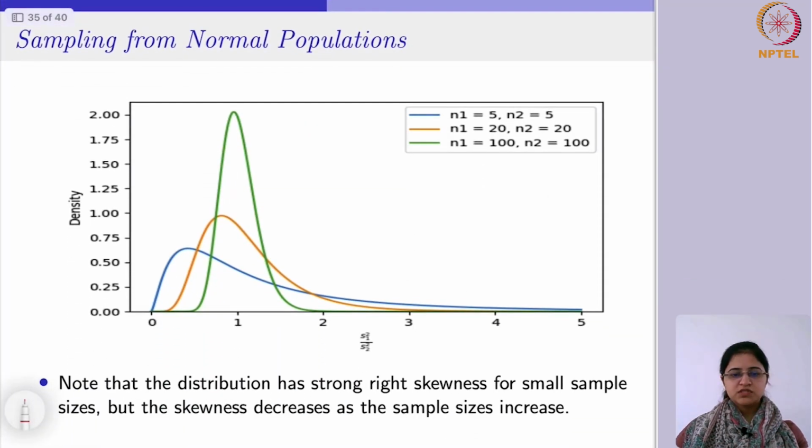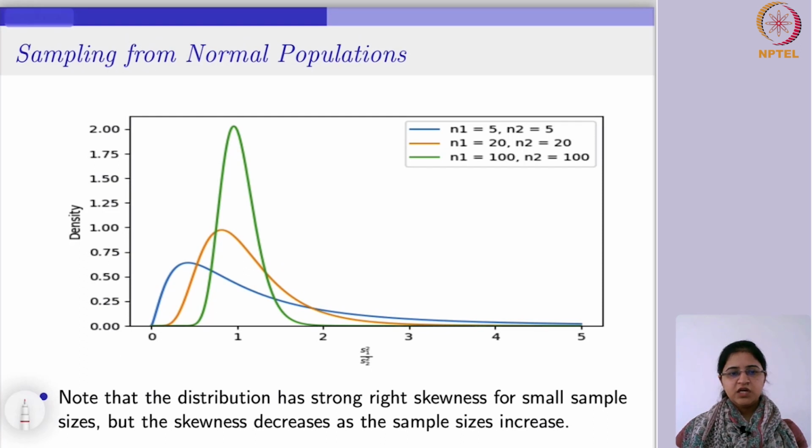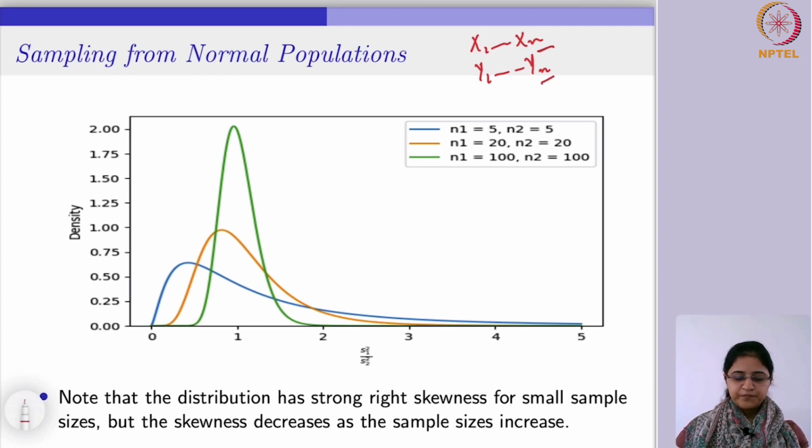You see how this distribution over here looks like. If you are sampling from normal populations, if both the samples are coming from normal populations, X1, X2, Xn, this is normally distributed, and Y1, Y2, Yn, this is also normally distributed, and the sample sizes are the same, then you see that this blue curve corresponds to S1 square over S2 square.